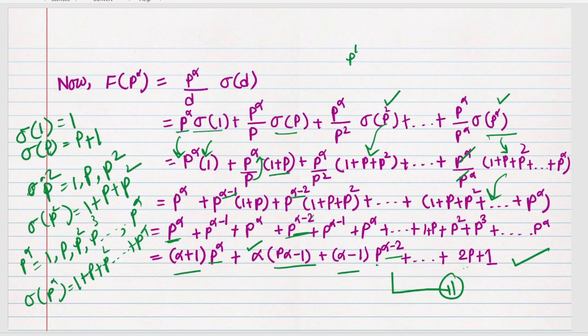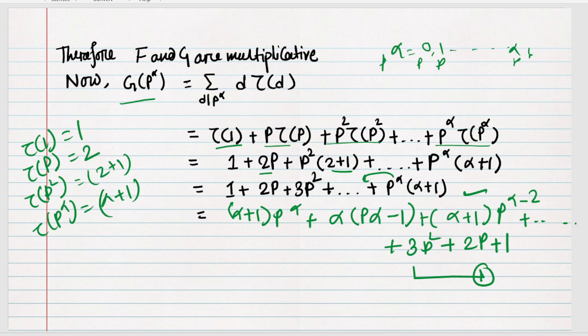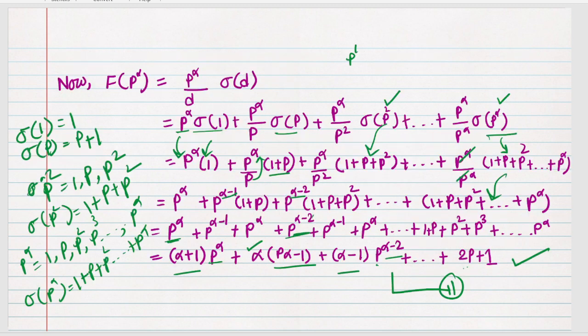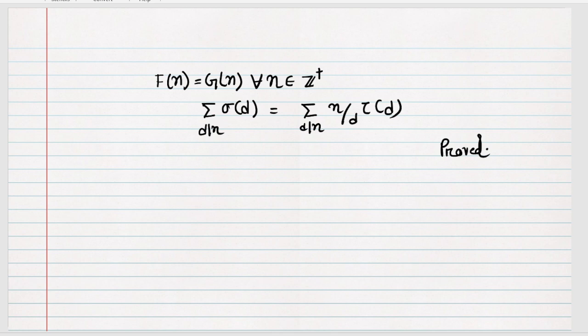The polynomial number 2, which is g of p raised to the power alpha, and f of p raised to the power alpha are the same. So now we can say that f and g are both multiplicative, and we showed that f of p raised to the power alpha and g of p raised to the power alpha are equal. Therefore, by our known result, what was our known result?